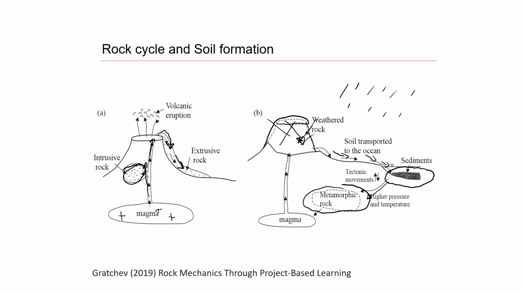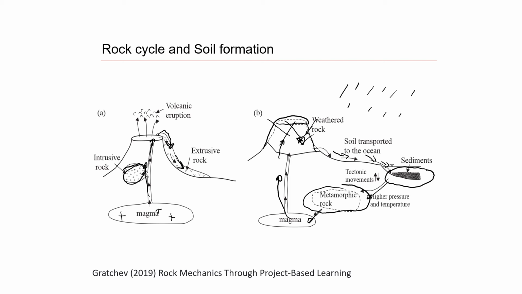And then if it goes even deeper, it will go to the levels where we have very, very high temperatures. And these metamorphic rocks will melt, and it will form magma. And then it will complete the cycle, and magma will go again up to the surface and form igneous rocks. Igneous rocks will be weathered.